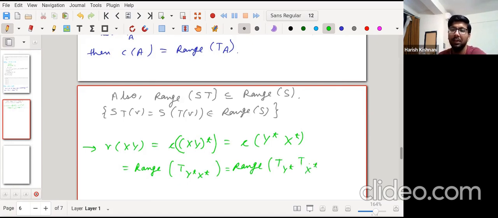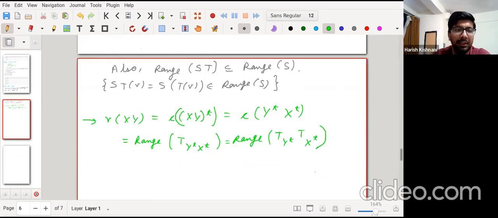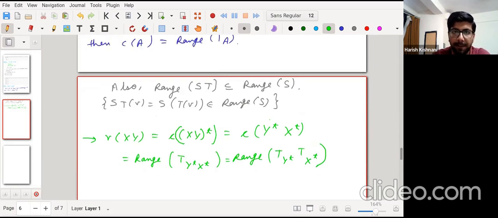Now, for each matrix you can assign a linear transformation, and for each linear transformation you can assign a matrix. This is a homomorphism, right? So we can separate them now. T is that assigning map, sending a matrix to the corresponding linear transformation.